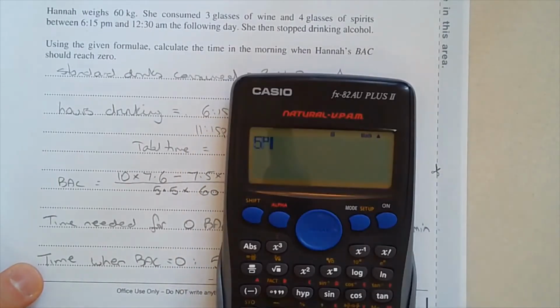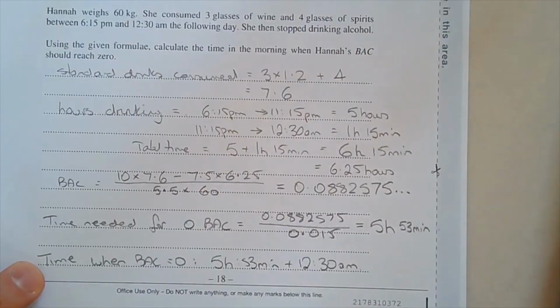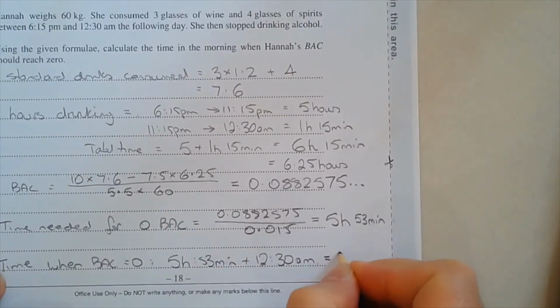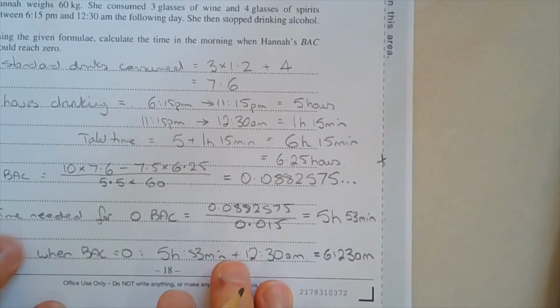Now in 24-hour time, and we should be using 24-hour time, that's 0 hours, 30 minutes. And we get 6:23 a.m. So a bit clearer there. And that's the approximate time when her blood alcohol content will be 0.